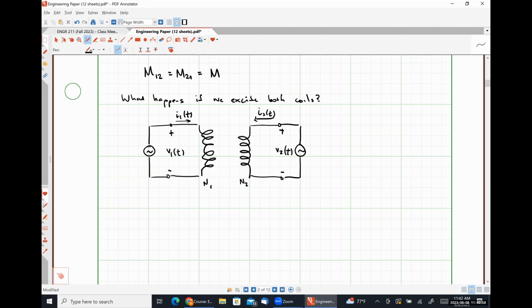What we should wind up having is some flux phi 11, some flux shared between our coils.